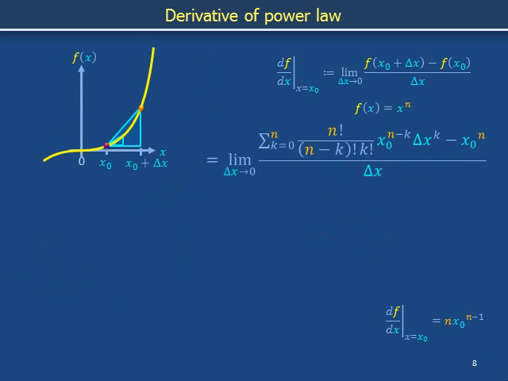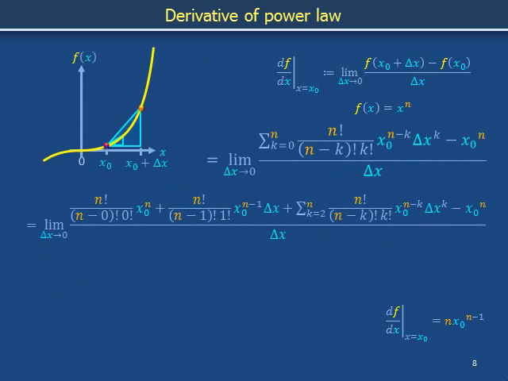Consolidate stuff toward the top of the chalkboard. We write out the first two terms in the sum explicitly. For k equals 0, the corresponding term in the sum is n factorial over n minus 0 factorial times x naught to the n power times 0 powers of delta x. For k equals 1, the term is n factorial over n minus 1 factorial times x naught to the n minus 1 power times 1 power of delta x.